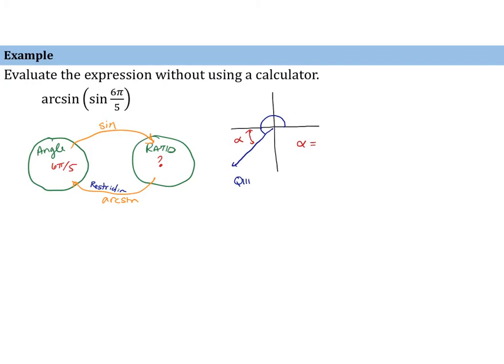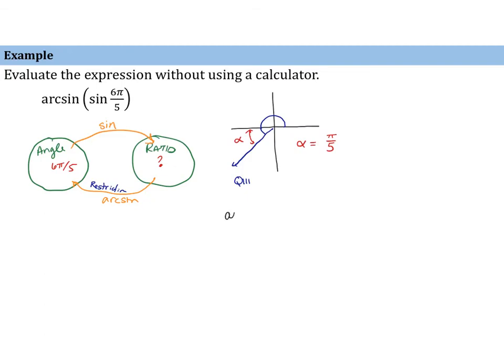If our total angle is 6 pi over 5, then how much more did we have to go from pi to 6 pi over 5? And that was 1/5 of pi. So alpha is pi over 5. So now what does this tell us?